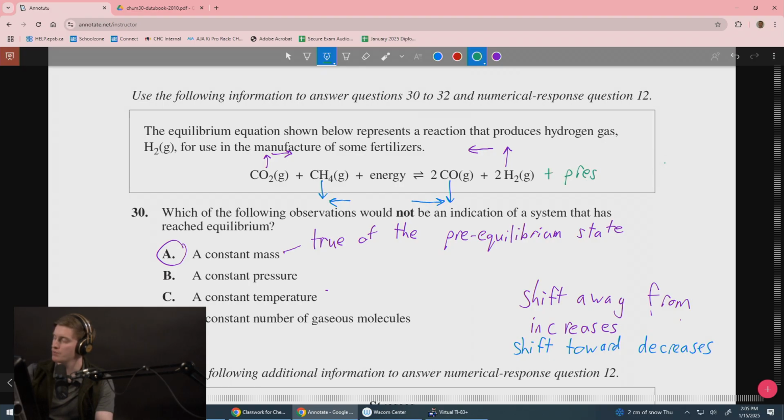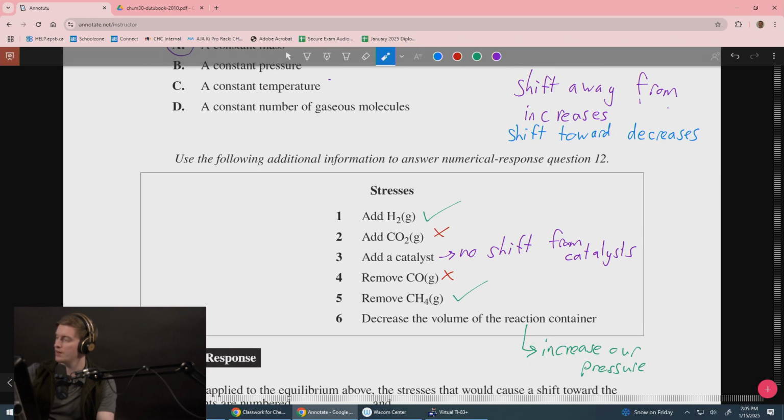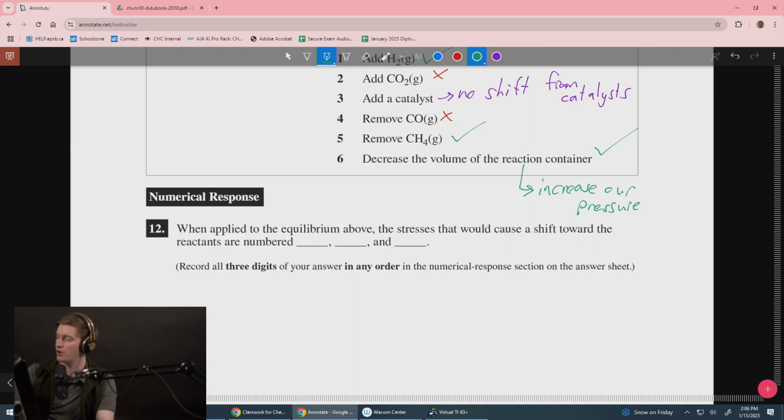So I might actually write plus pressure on this side. Because if we decrease the volume, then we're going to increase the pressure. And we will shift away from an increase, which means we are going to shift towards the side that has less pressure to try and equalize that. So that would actually cause a shift towards the reactants. So 1, 5, and 6 would all cause a shift towards the reactants.